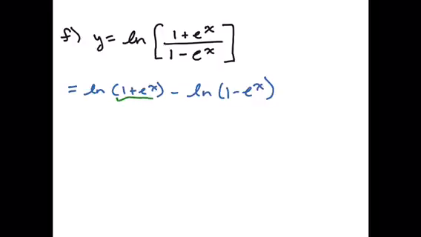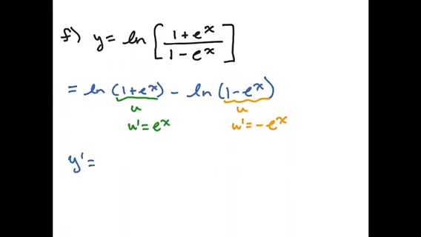For the first one, I have a chain rule where the inside function is 1 plus e to the x. Its derivative would just be e to the x. For the second term, we also have chain rule. The inside is 1 minus e to the x, and its derivative would just be negative e to the x.